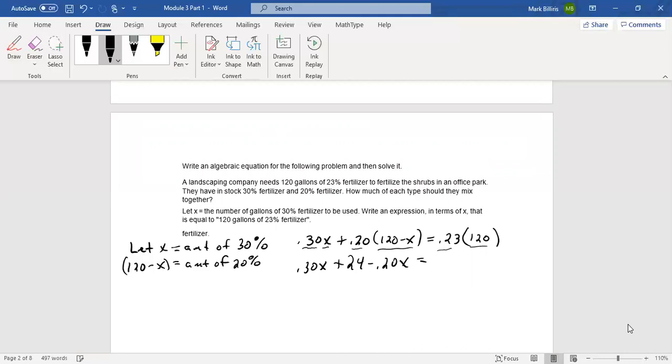And then we're going to multiply the 0.23 times the 120. Combine like terms. So 0.30 minus 0.2 is 0.10x plus 24 equals 27.6.